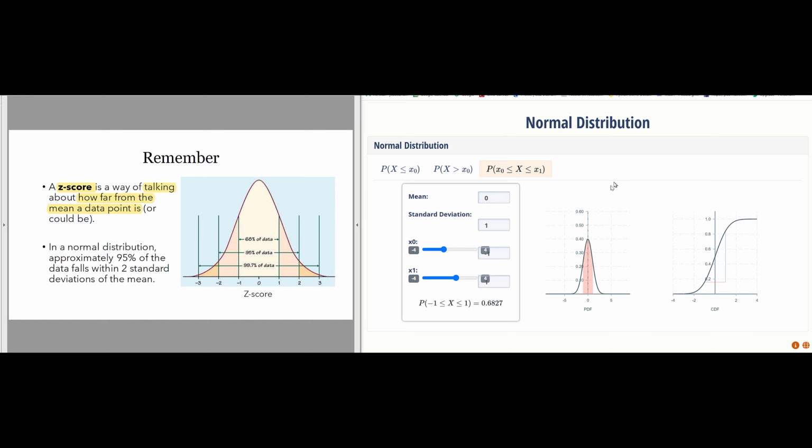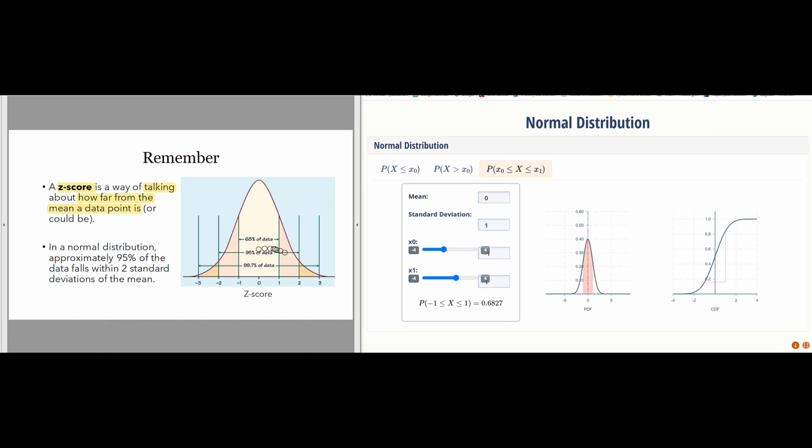Here I've got the IL tool up with a standard normal distribution set up, mean of 0, standard deviation of 1, and it turns out that the probability of some value drawn from this distribution falling within plus or minus 1 standard deviation of the mean is 0.6827. So it's actually a little bit more than 68%. People often just refer to that as a 2/3 probability of being within 1 standard deviation.